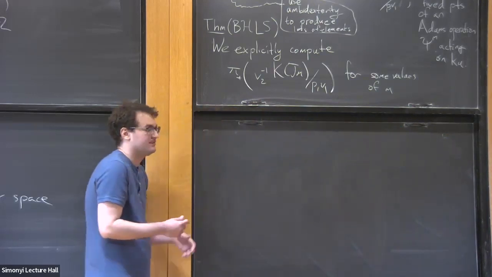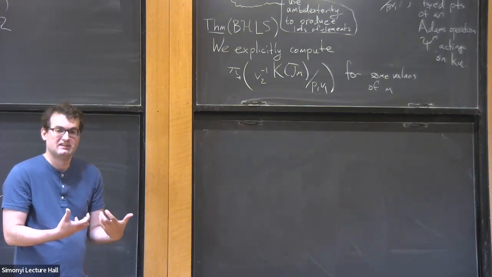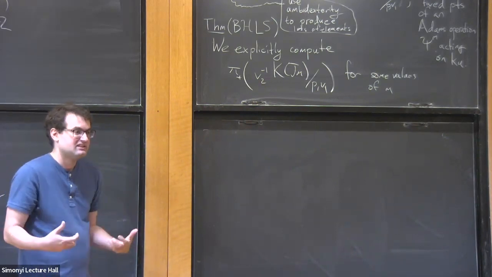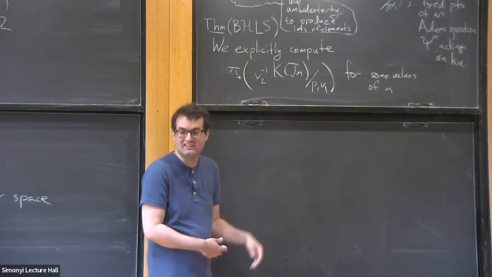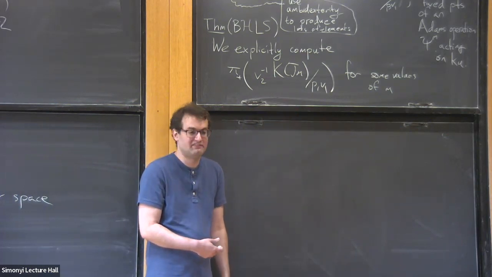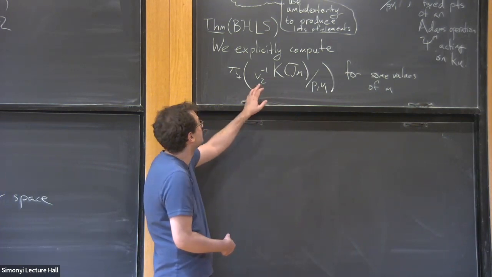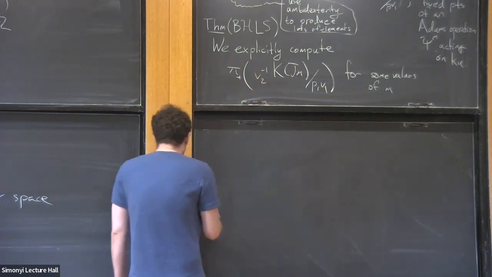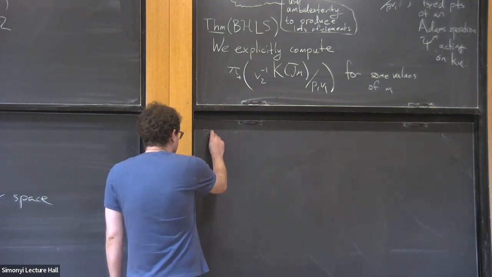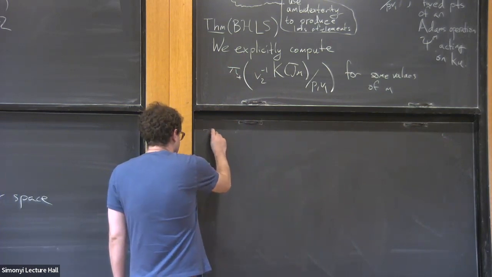I think maybe the key thing to explain, at least from the point of view of where p-adic geometry enters, is how can we compute this? Why is this so much more computable than the V2 inverted S mod P V1? And it's a consequence of the following key result.